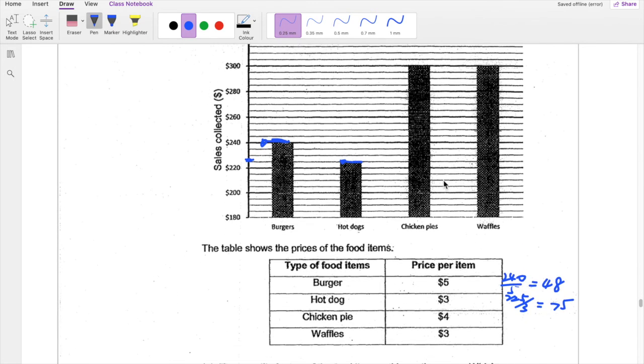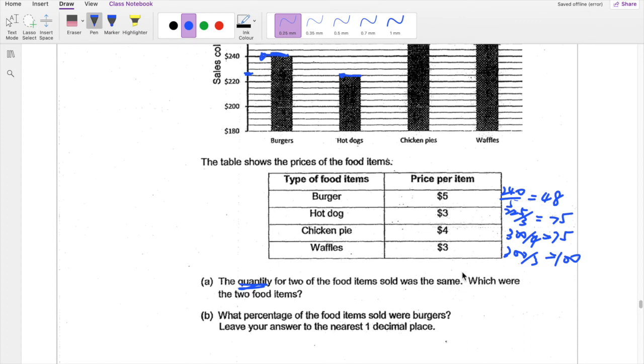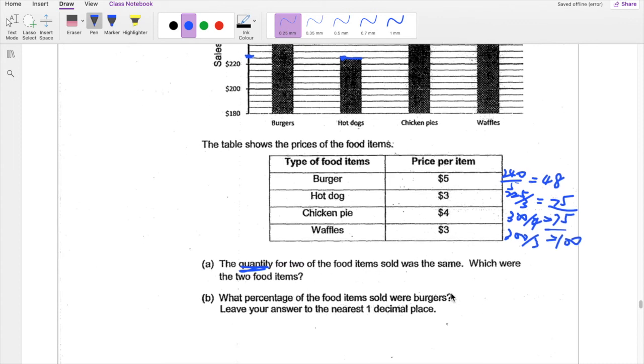For chicken pies, 300 divided by 4, which is 75. How about the waffles? Waffles is 300 divided by 3, which is 100. Oh, then we can see clearly which two are the same. Both hot dogs and chicken pie have 75, right? So these two have the same amount sold, right?